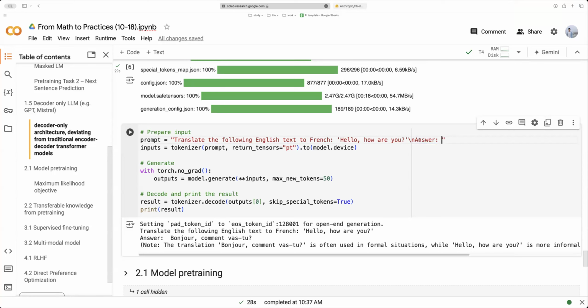In other words, you were saying that some of these decoder-only models have a tendency to keep on wanting to generate text. So how does it know that when you insert a new line and answer, presumably it's knowing that, look, I have to stop generating and provide a more succinct answer? Is that what happens? And if so, how does it know to do that?